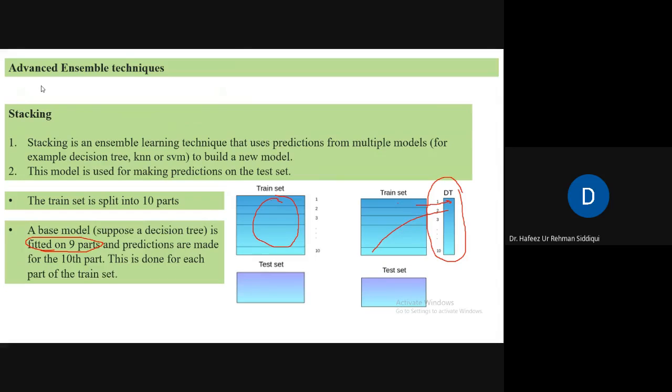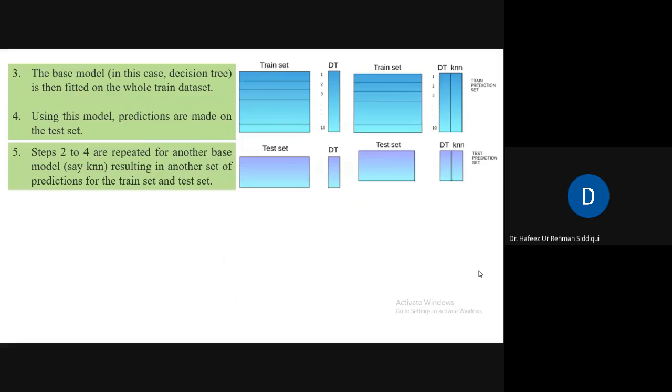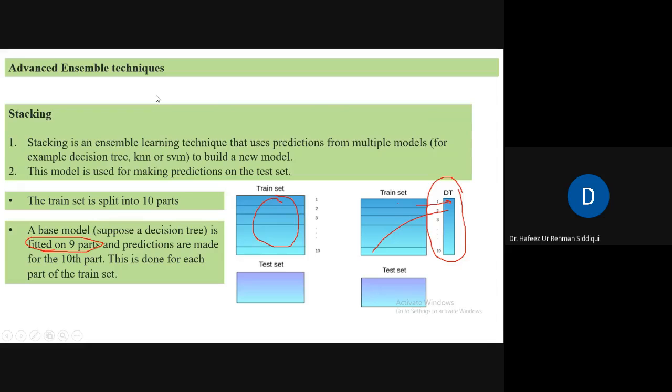Okay, so once you have a decision tree, then you will take another classifier and repeat the same steps. What are the same steps? These are the steps you have to do. Divide your data into two, train and test, and then make subsets.